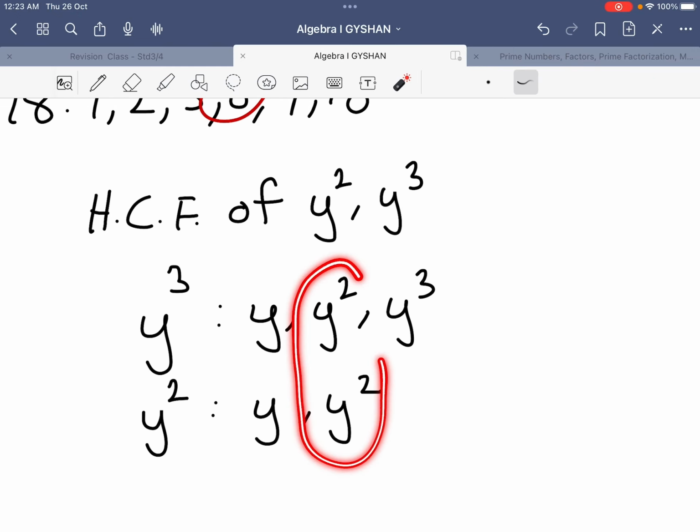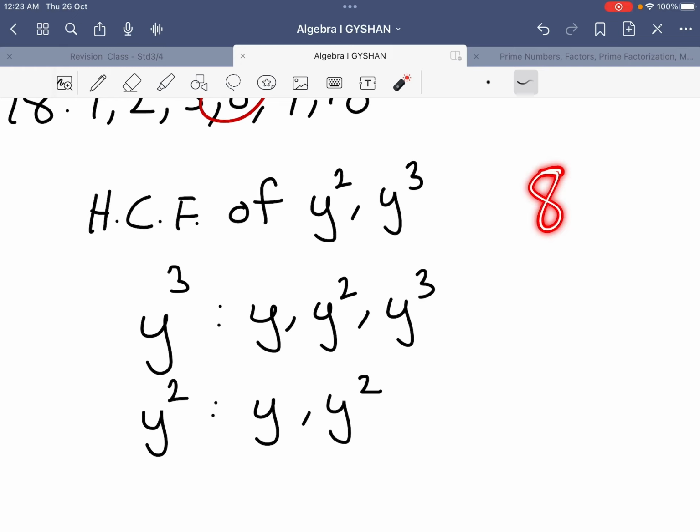Y squared can go into both of them. Y cubed will not be able to go into this because it's bigger, just like 8 cannot go into 4. Right? The factors of a number cannot be bigger than the number.